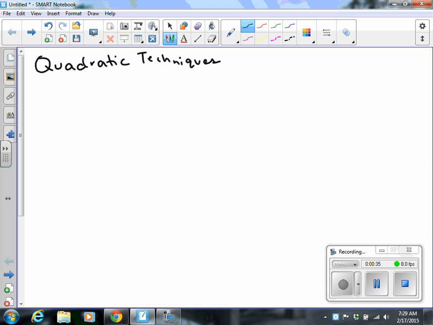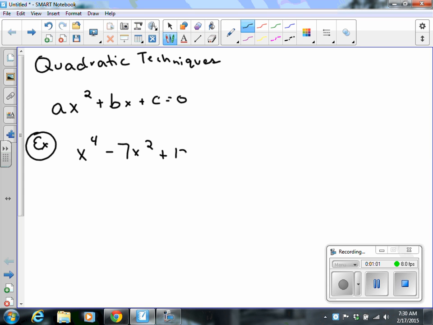So what that means is our whole goal is to get our form in the form of ax squared plus bx plus c equals 0. Now, this may seem a little tricky at first because we're dealing with exponents that are higher than a square. So for instance, for the first one, let's say I have x to the fourth minus 7x squared plus 12 equals 0.